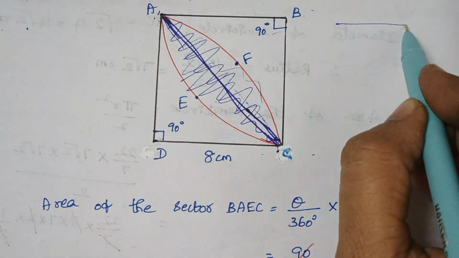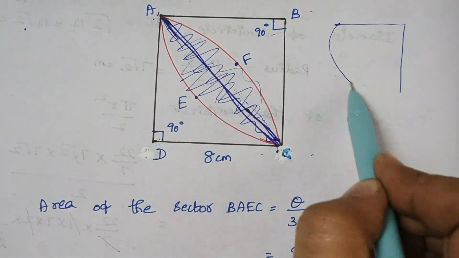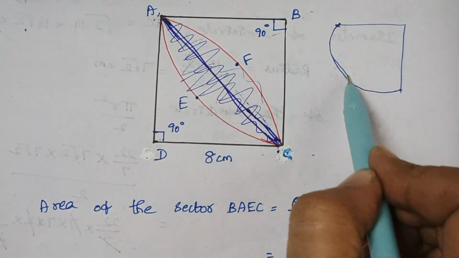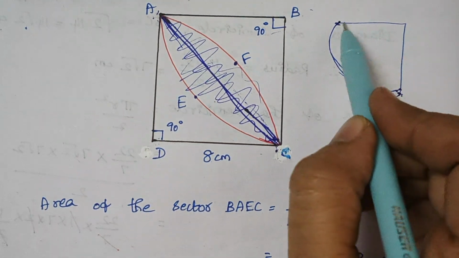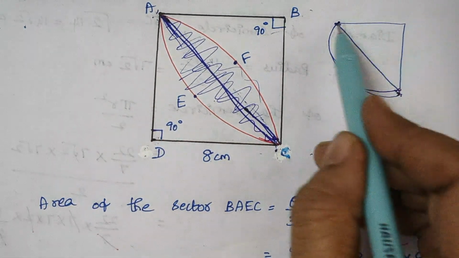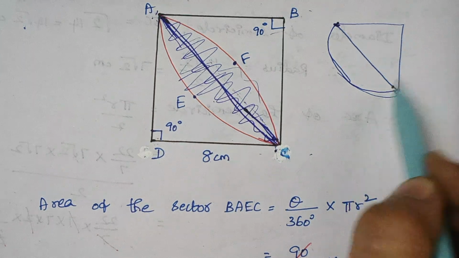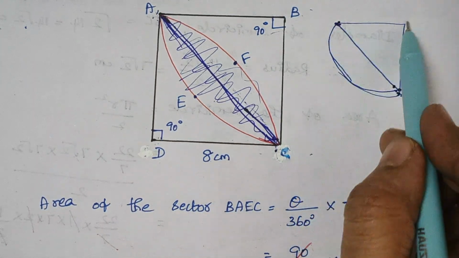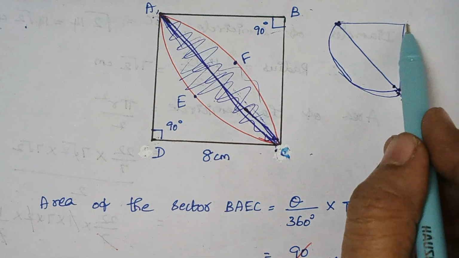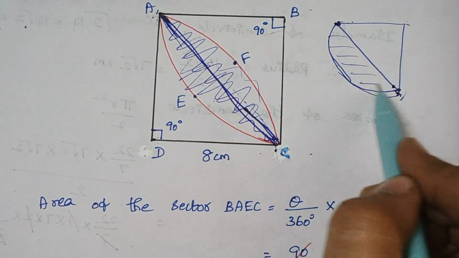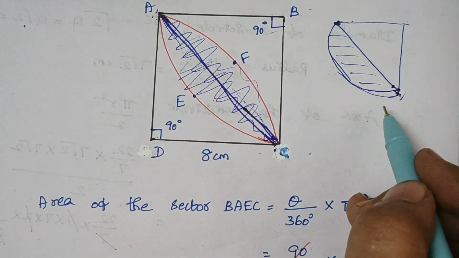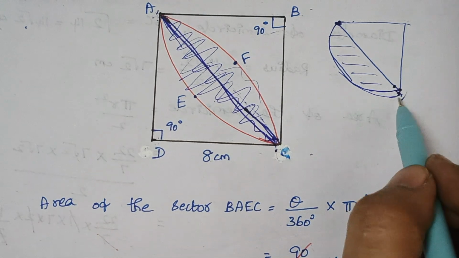You see, let me explain. You see, this is the area of the quadrant or area of the sector, right? And this is the area of the triangle. So once I calculated the area of the sector and when I subtract the area of the triangle, then obviously I will be getting this value, right? The same thing now we are going to do.